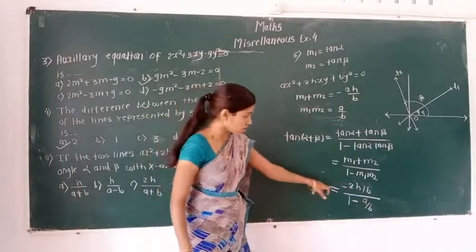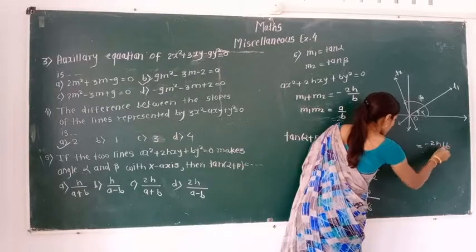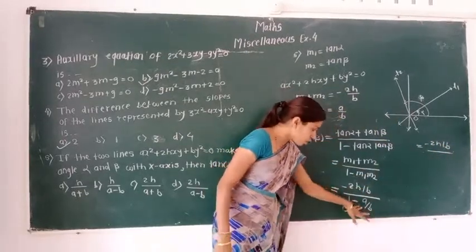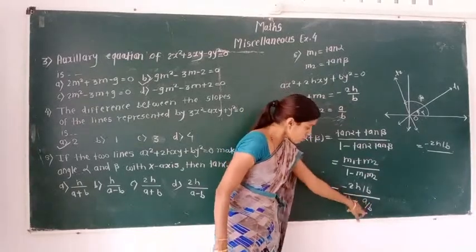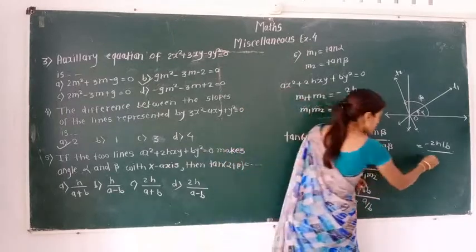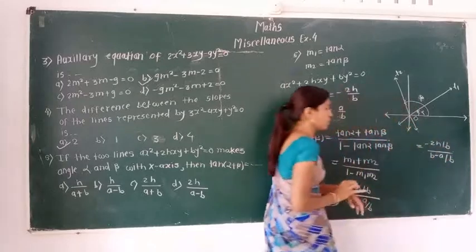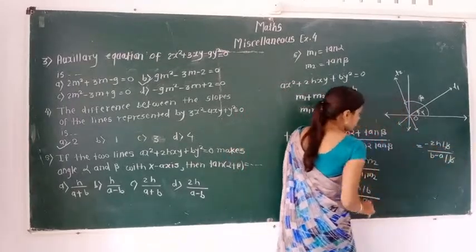We can write minus 2h by b as it is, divided by the difference between these two terms. LCM of both terms is b, so the difference is b minus a divided by b. So we write b minus a divided by b. These b terms get cancelled.